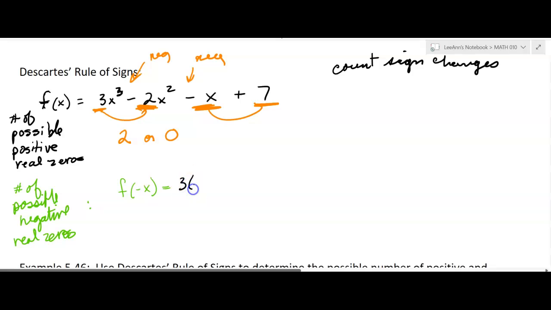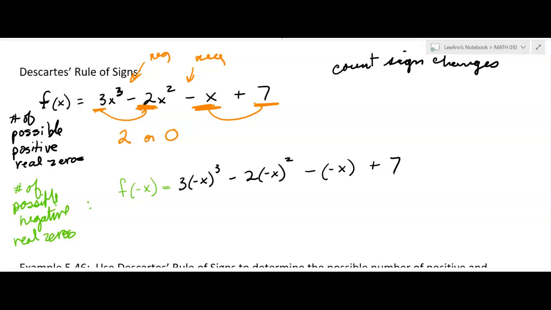So 3 times negative x cubed minus 2 times negative x squared minus a negative x plus 7. And by the way, with Descartes' rule of signs, it has to be in standard form, but it does not have to have all the terms. You know how like sometimes you put in 0x when there's a missing term? You don't have to do that.